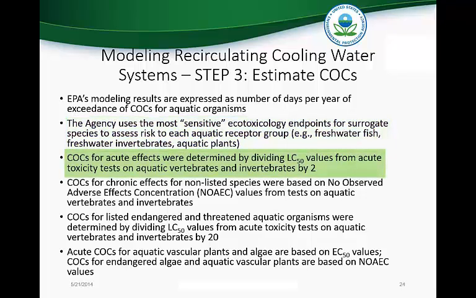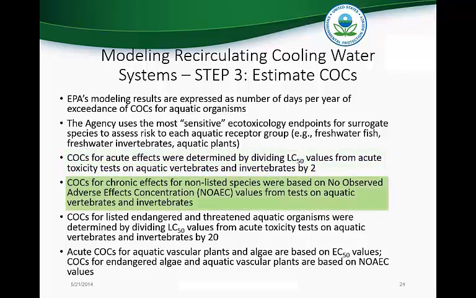COCs for acute effects were determined by dividing LC50 values from acute toxicity tests on aquatic vertebrates and invertebrates by a factor of 2. COCs for chronic effects for non-listed species are based on no observed adverse effects concentration values from tests on aquatic vertebrates and invertebrates.